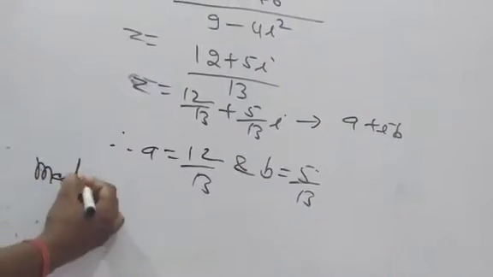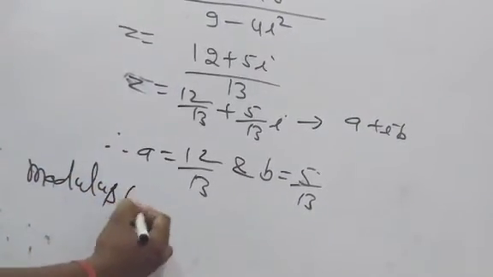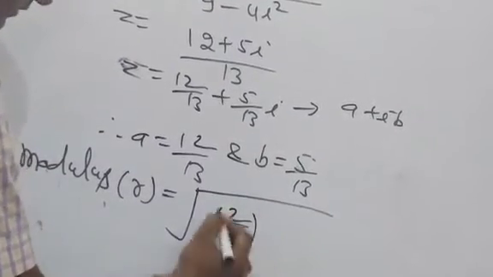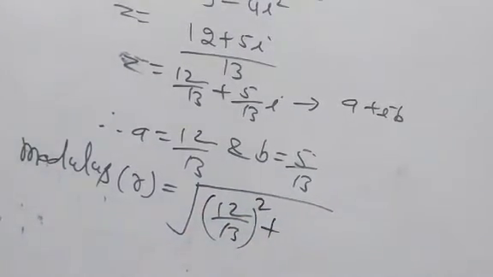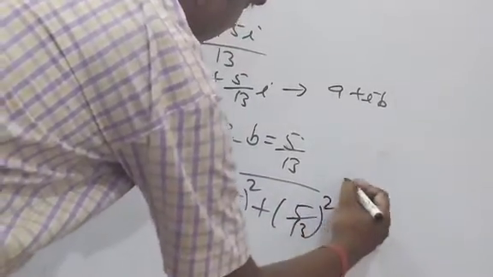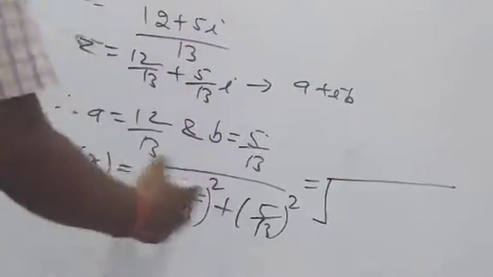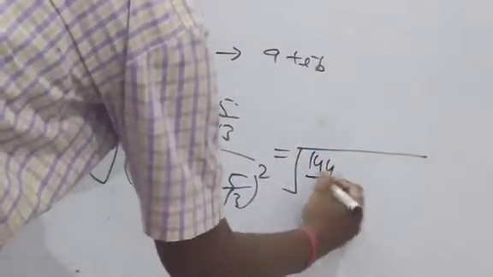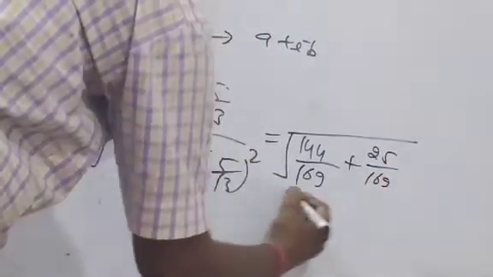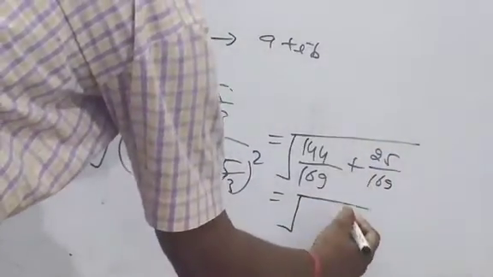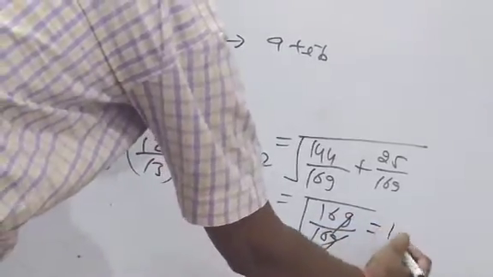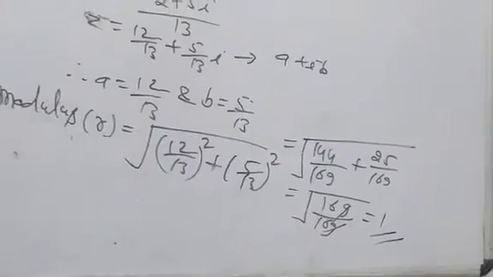Now modulus r is equal to under root (12 by 13) whole square plus (5 by 13) whole square, is equal to 144 by 169 plus 25 by 169, is equal to what? 169 by 169, is equal to 1. Clear? Now this is the answer. Understood?